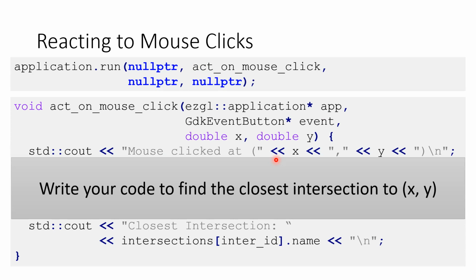The answer is right there. So your program draws all of the intersections in X and Y. And you can detect the mouse click at X and Y. How do you find the closest intersection?